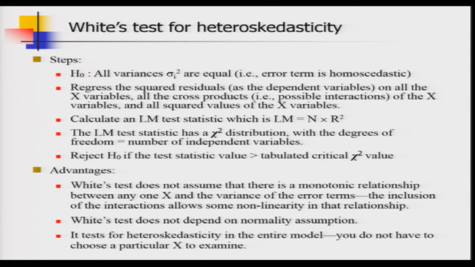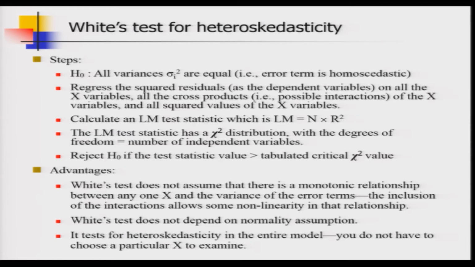Okay. So in the first step, you must regress the squared residual terms as the dependent variable on all of the x variables, their cross products, and the squared values of the x variables. Basically it will give you a lot of new explanatory variables in the regression.